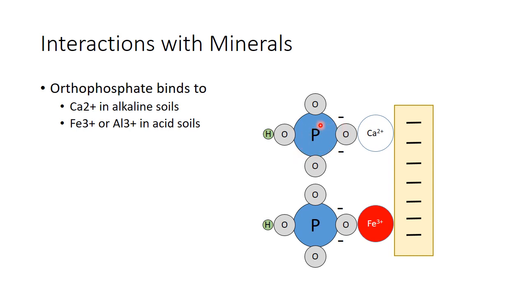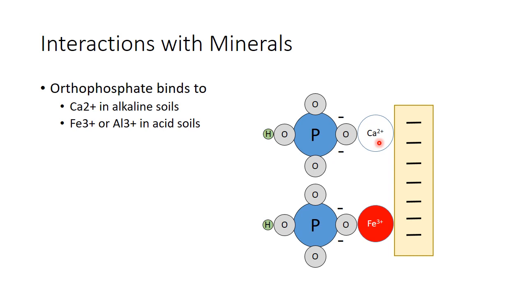And the only way an anion can adsorb onto another anion, in this case this clay, is through a cation bridge. So we need a divalent or trivalent cation, where one charge can attach the calcium to the clay, and the other charge can attach the calcium to the orthophosphate in this case.